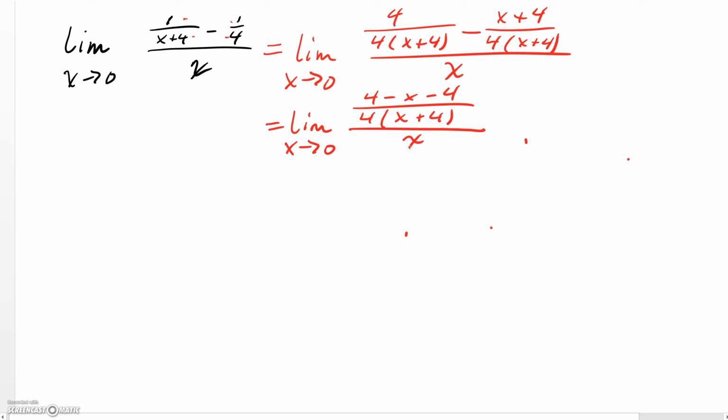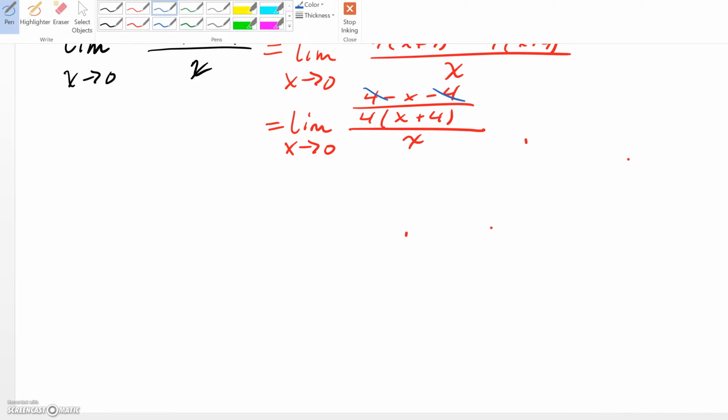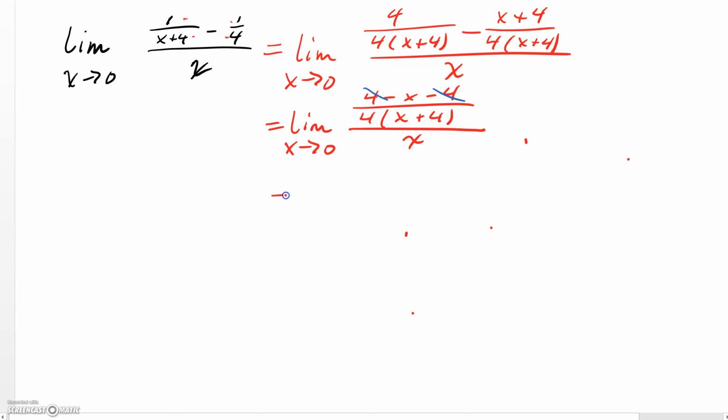Well, we're going to simplify the numerator, and these 4's eliminate each other, like so. And what we're going to get is this simplified form of the limit as x goes to 0 of a negative x over a 4 times x plus 4, all divided by x.